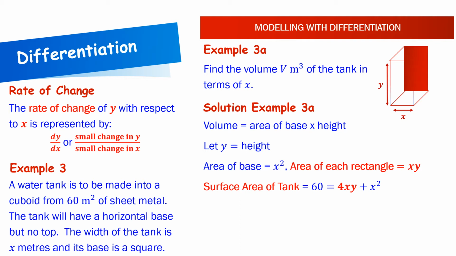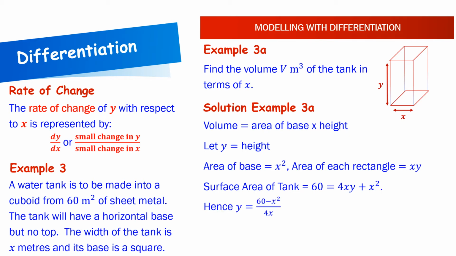Here, here, here, and here. And of course, the entire surface area of the tank is equal to these 4 sides plus the base. So we have this equation that we can now rearrange. The equation 60 equals 4xy plus x squared rearranged becomes y equals 60 minus x squared, all divided by 4x.